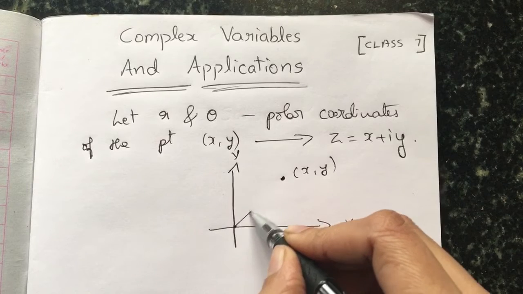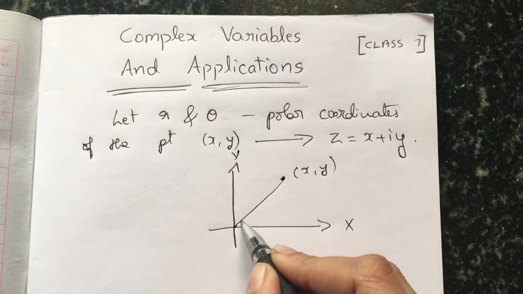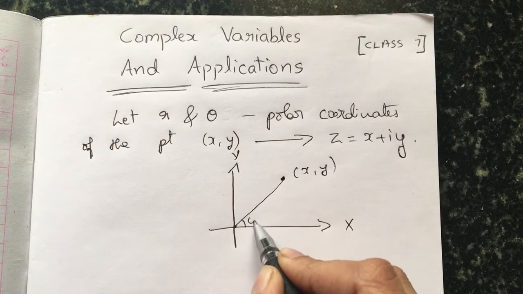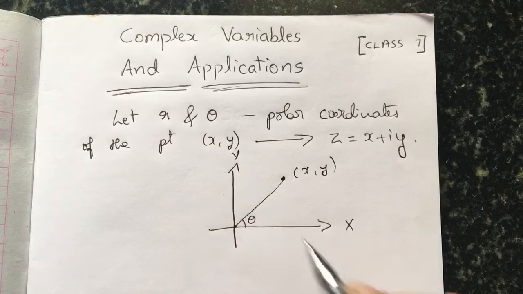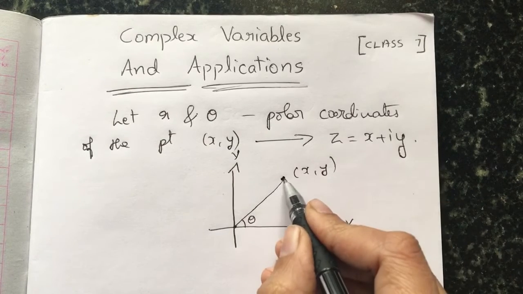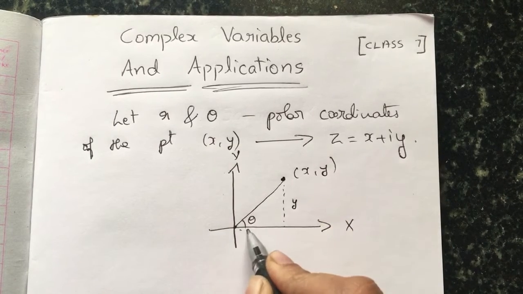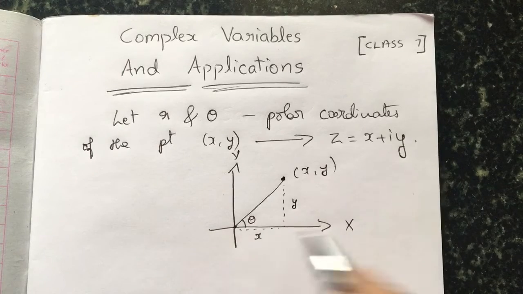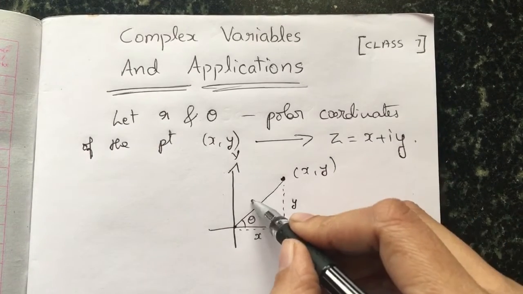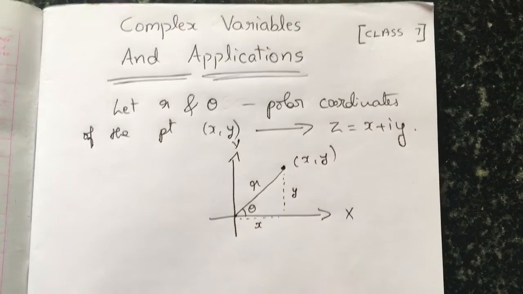When I take it like this, it makes an angle theta with the positive real axis. So this length is y and this length is x. Now let me take this as r.